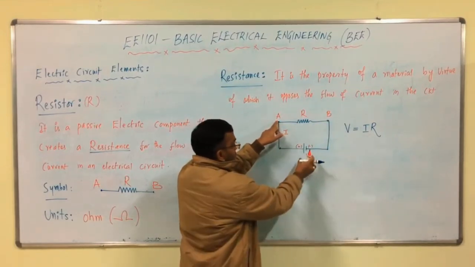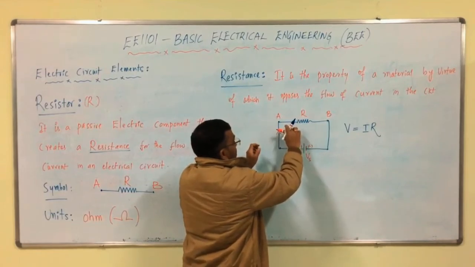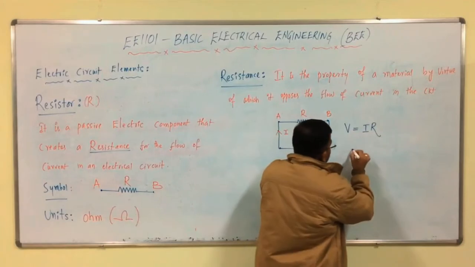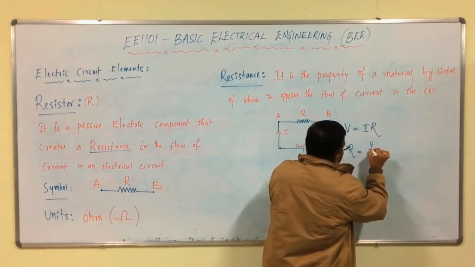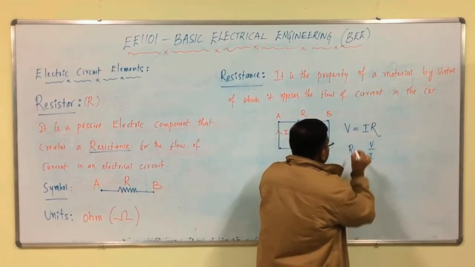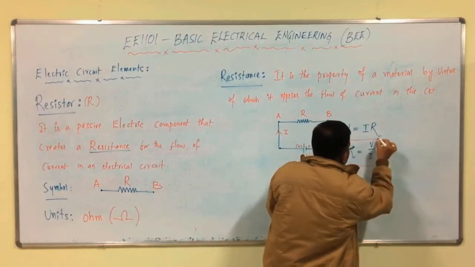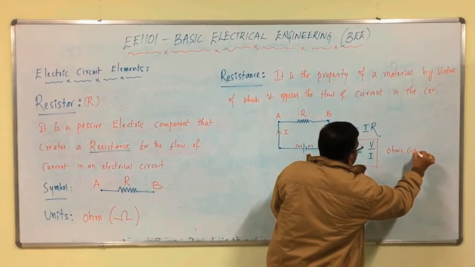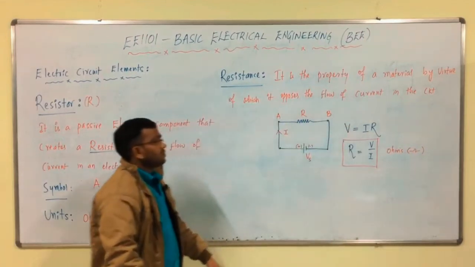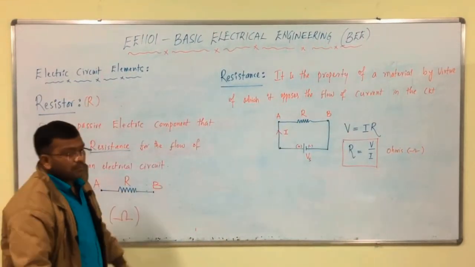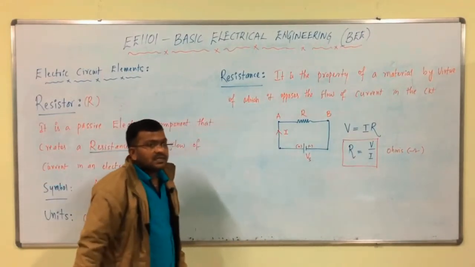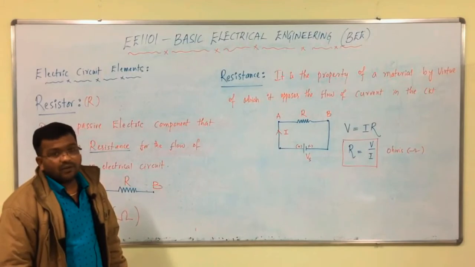So V is equal to the amount of current multiplied by R. From this, R is equal to V by I, which is measured in ohms, or simply ohm. This is the value of resistance in the circuit.